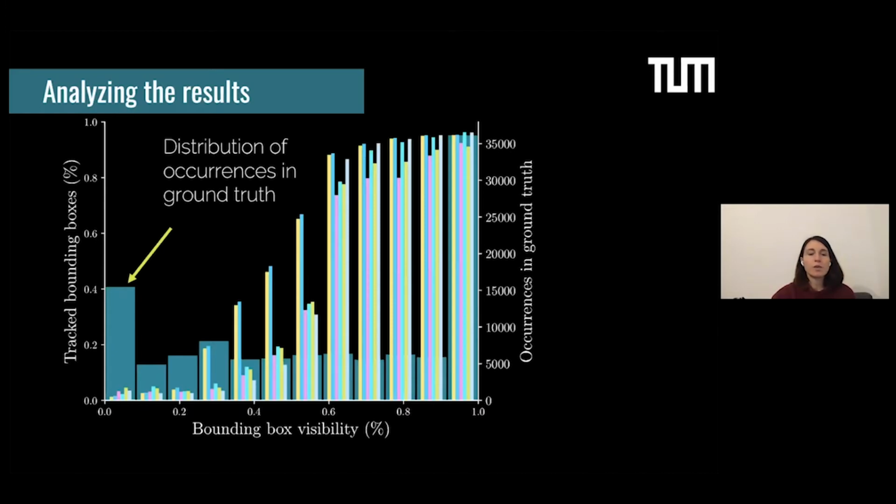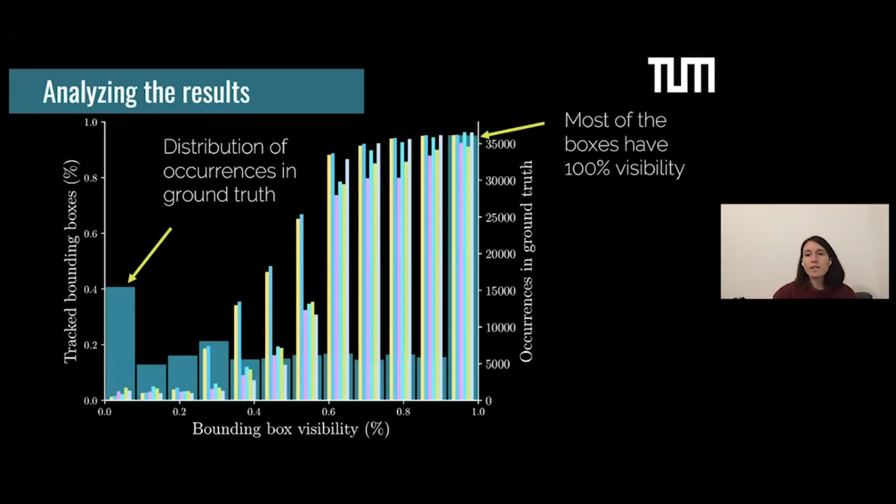So here what I'm going to plot is, first of all, in these thick bars, the distribution of occurrences in the ground truth. You can see on the x-axis that we have the bounding box visibility, and we have a lot of boxes that are completely occluded, but most of the boxes are completely visible, between 90% and 100% visibility, which means that most of the tracking scenarios in this challenge are quite easy because we can see the pedestrians with 100% visibility.